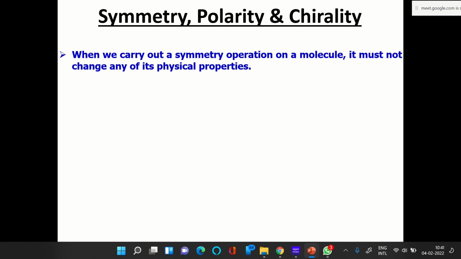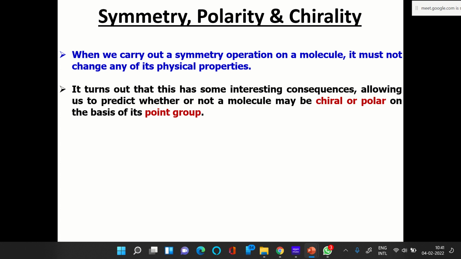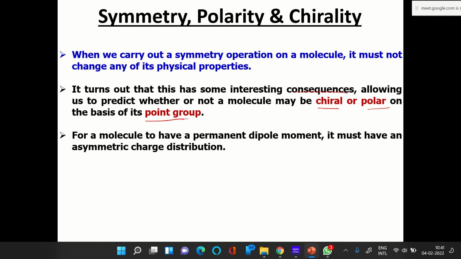That is the one thing that we have to understand, that whenever we carry out a symmetry operation, the operation itself should not change the physical property of the system. This has important consequences when we try to predict chirality or polarity based on point groups.